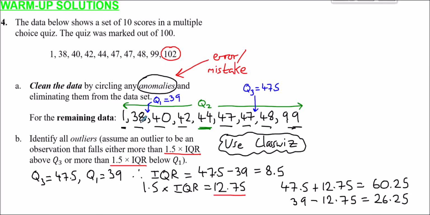So we're after values which are either less than 26.25. So anything less than 26.25 is an outlier. And so outliers, we have 1, or anything more than 60.25. So anything more than 60.25 is 99. So therefore we just conclude by saying that 1 and 99 are outliers.